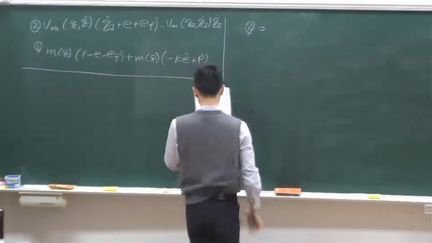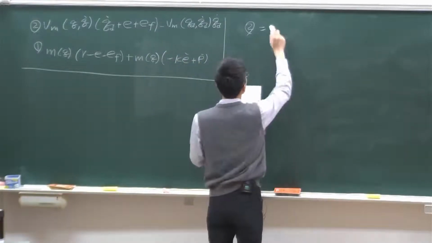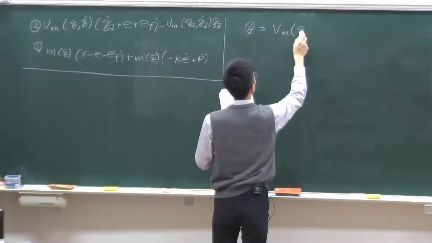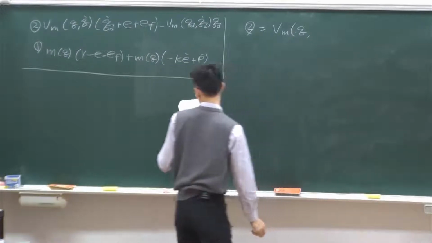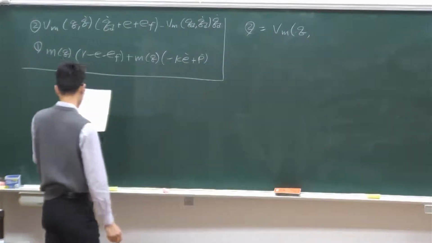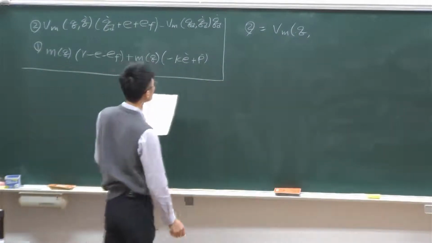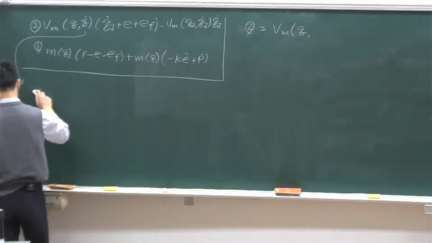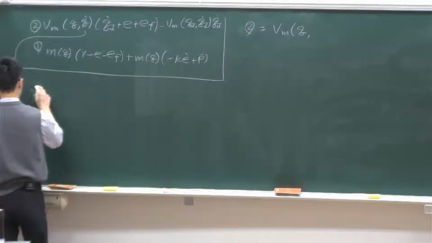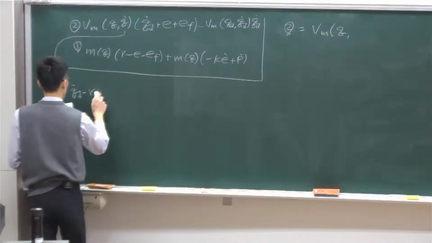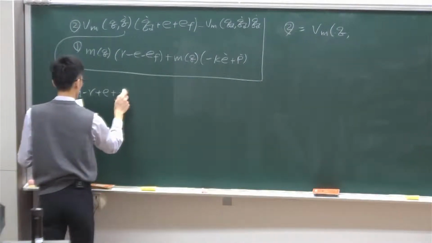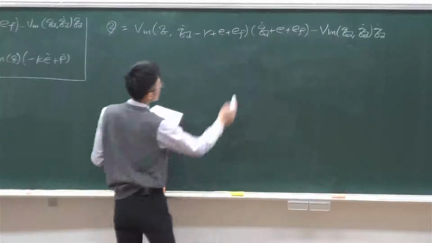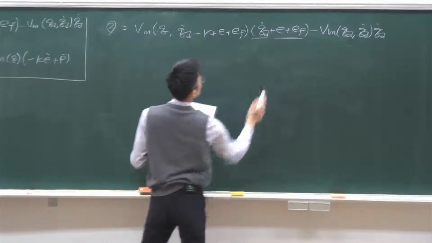This equation equals to Vm q. So this q is equal to q dot minus r plus e plus ef, based on the definition of the filter.